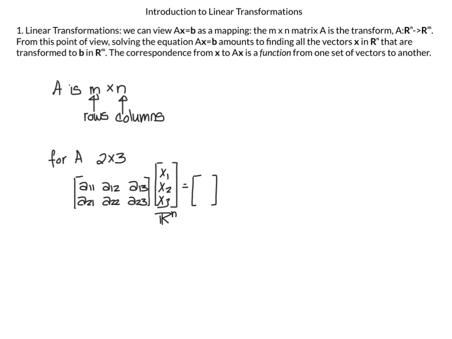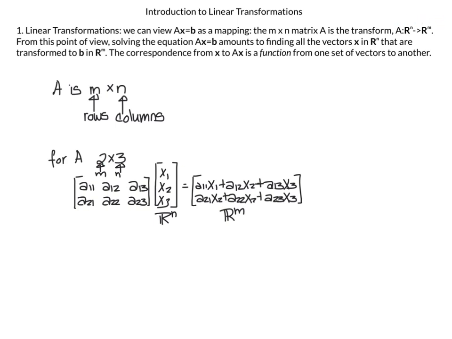It's taking vectors in Rn, and then in this case you get A11 times x1, A12 times x2, A13 times x3 as my first coordinate, and my second coordinate is A21 times x1, A22 times x2, and A23 times x3. In other words, I'm going to get something in Rm. Remember, this is m by n, 2 by 3, so Rn is 3-dimensional and my ending is 2-dimensional. I often get that confused when I just look at m by n, so drawing a little picture often helps me.